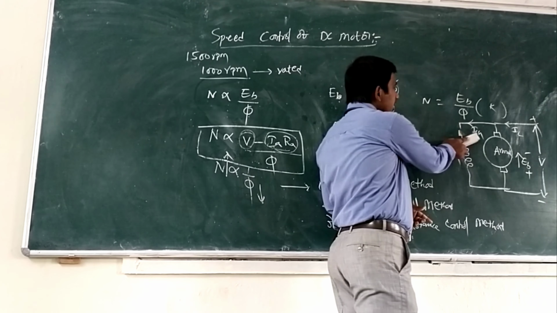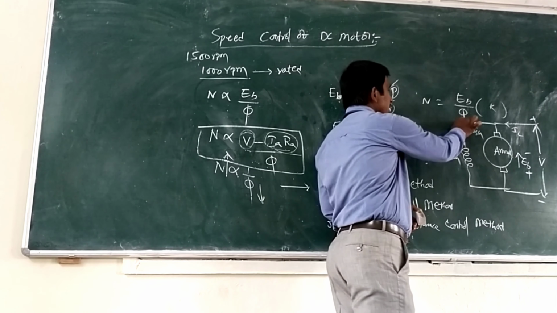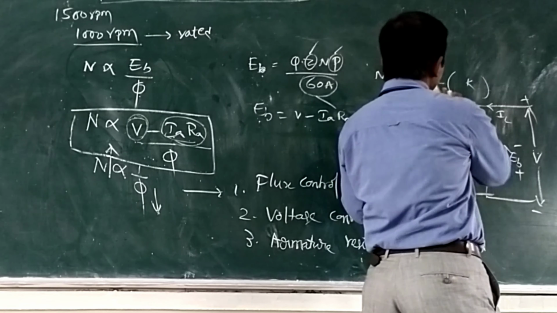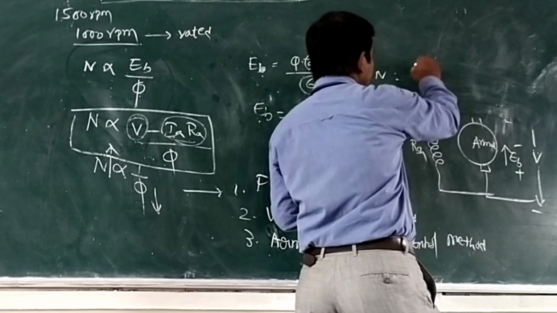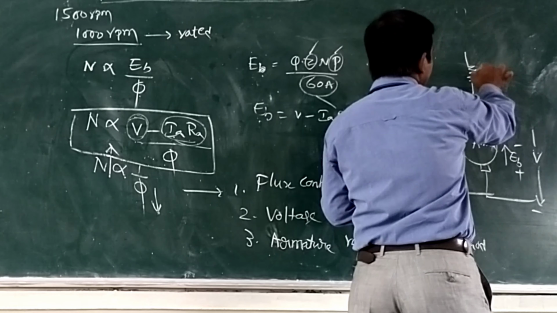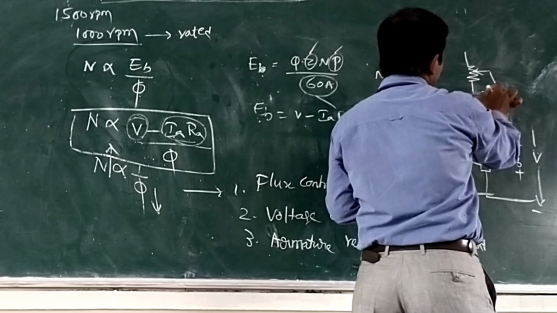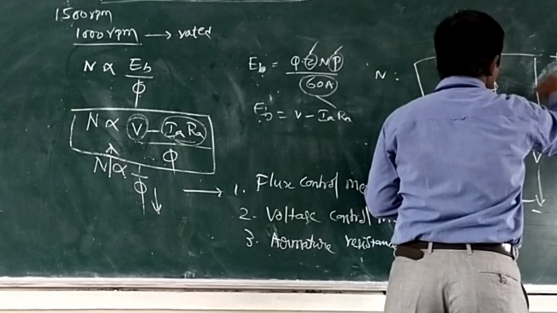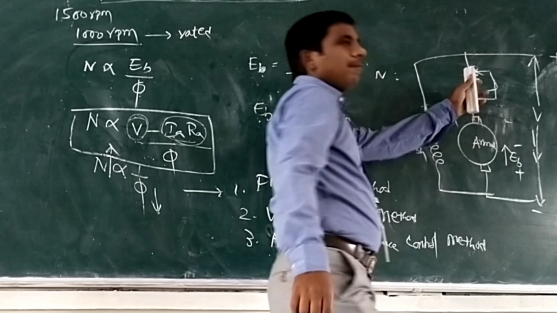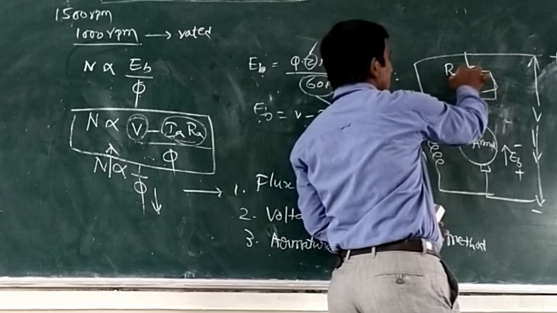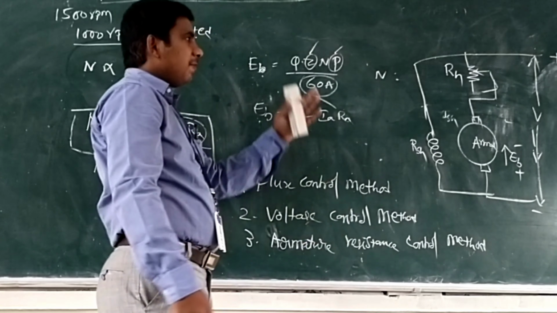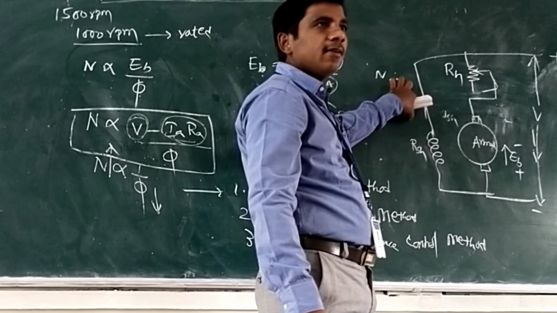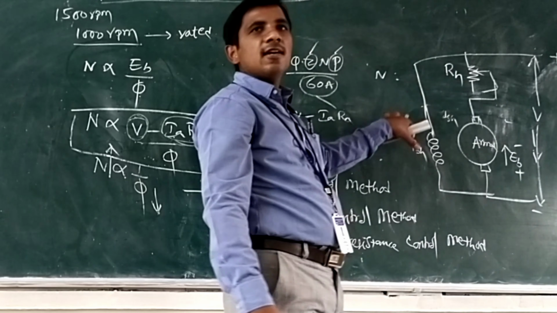Instead of providing the rheostat in series with the field winding, if you provide it in series with the armature like this, and then connect it to supply V, by varying this rheostat RH, the armature rheostat, we can adjust the current. Previously we mentioned the field rheostat: if the rheostat is in the field winding, it controls the flux.